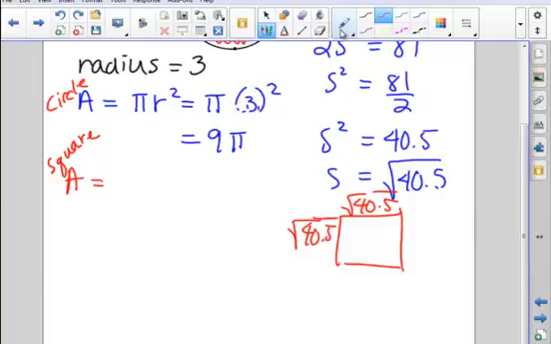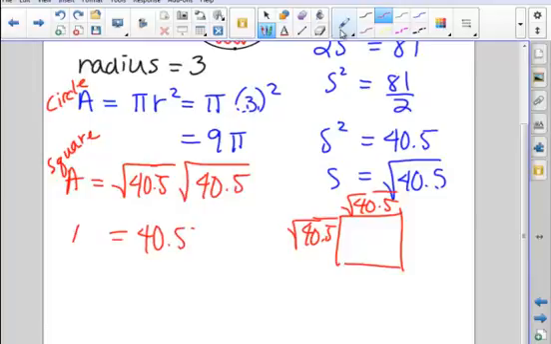So I'm going to multiply 40.5. You know what, they might give you something like this, because this isn't that hard to work with. If you take something that's a square root and you multiply it by itself, what have you just done? You've just squared a square root. Squaring a square root just leaves you with 40.5.